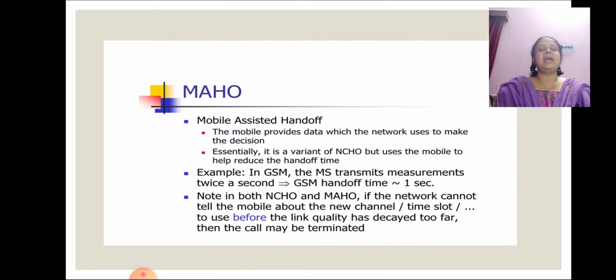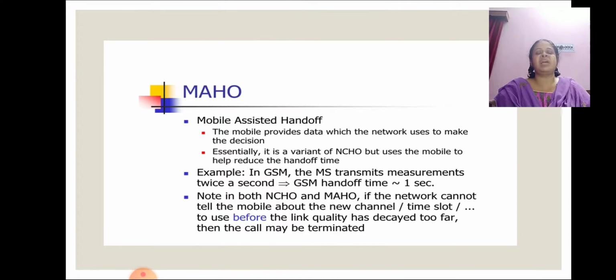MAHO, mobile assisted handoff. The mobile provides data which the network uses to make the decision. Essentially, it is a variant of NCHO but uses the mobile to help reduce the handoff time. For example, in GSM the mobile station transmits measurements twice a second.